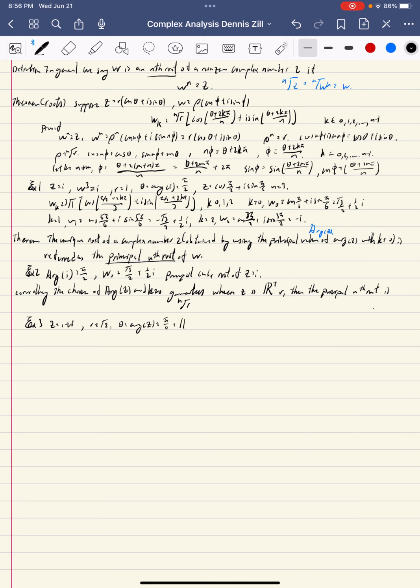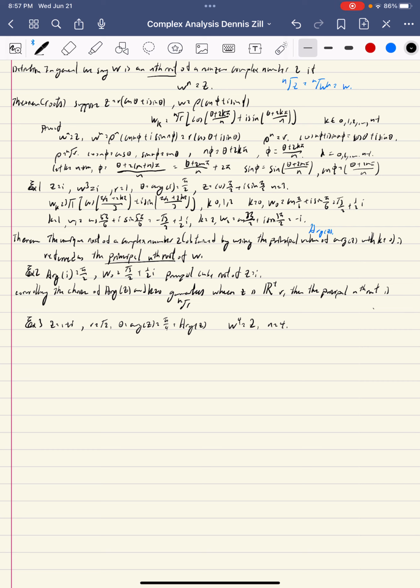That's also equal to the principal argument of z. Since we're finding the fourth root, n is equal to 4.